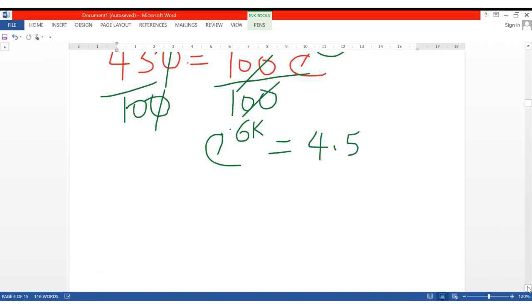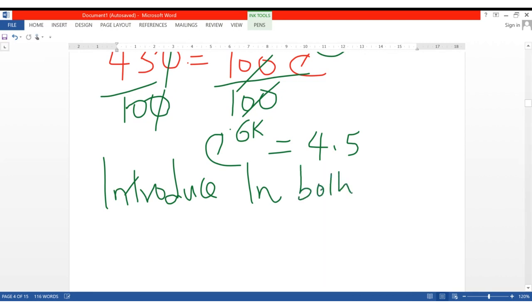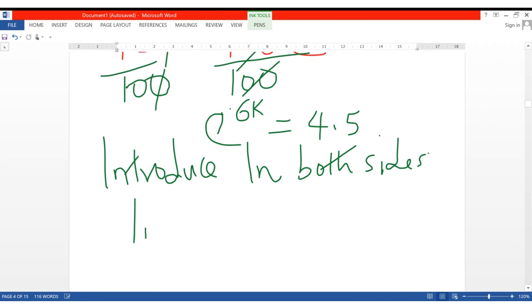This is just basic maths, you learn this one. So I'll have ln exponential 6k the same as ln 4.5.